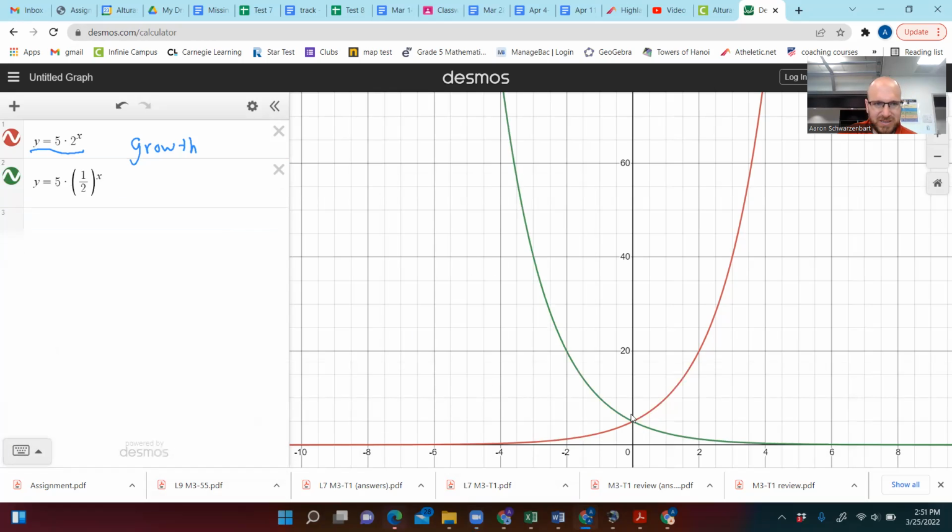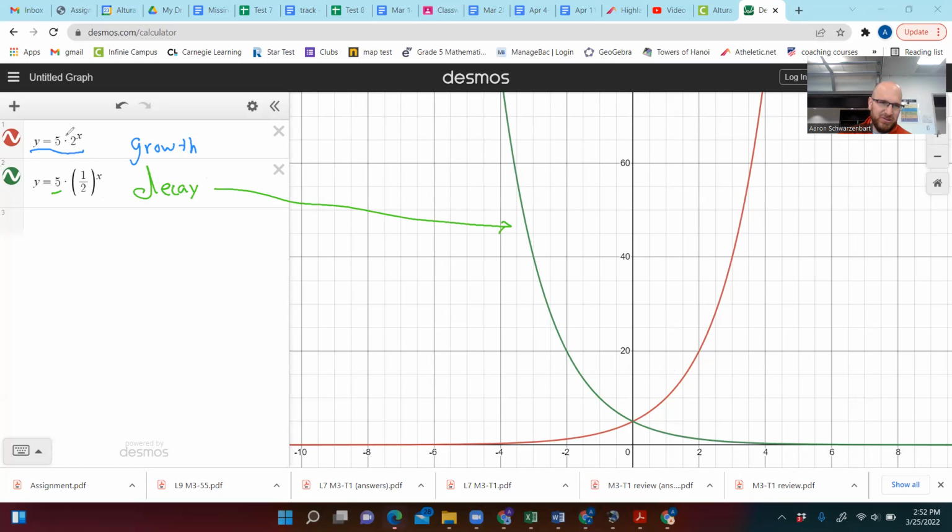Now notice this is going the other way. Here we've got in green, our exponential decay function. This is a decreasing function. As I go left to right, it goes down. So I can identify my growth or decay based solely on this B value.